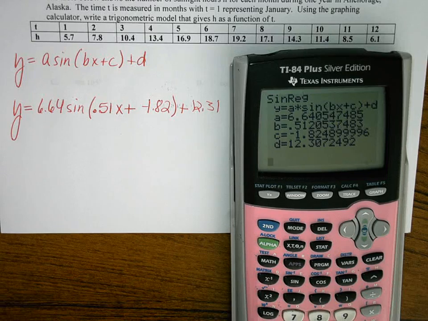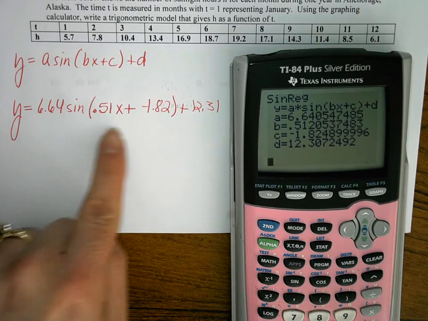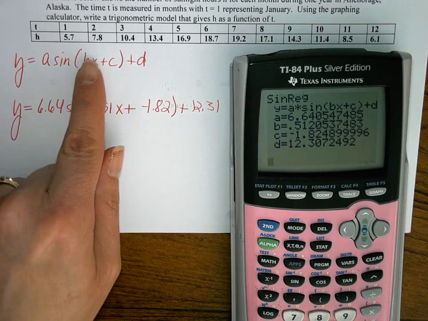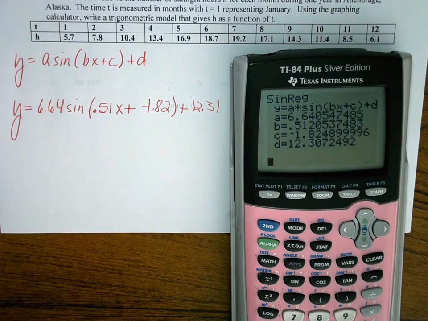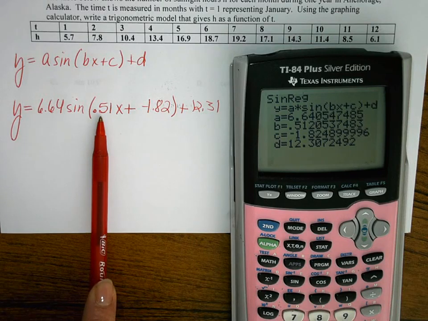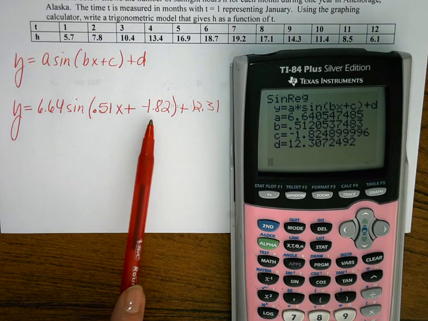Because this equation does not show my horizontal shift left and right. If they would divide out the b and put it in front, it would show that horizontal shift left and right. But I just want you to understand that it does show the a, it does show the k, it does show my b, but it does not show my h as we're used to it, unless I divide by the 0.51.